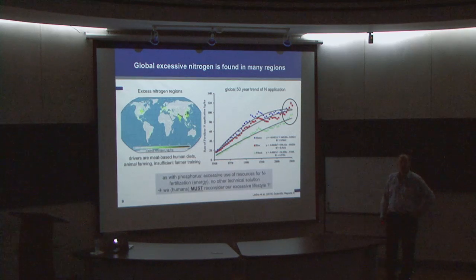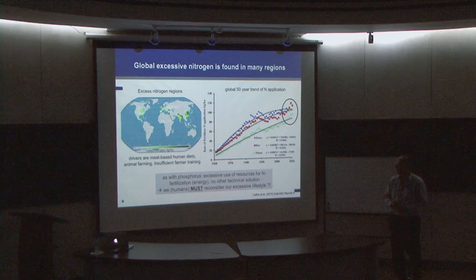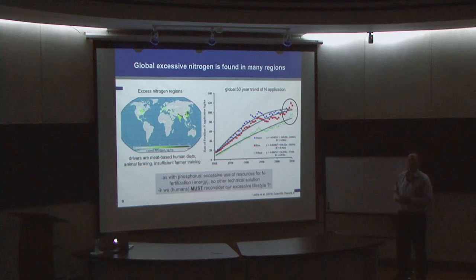I would say, as with phosphorus, we use excessive nitrogen worldwide, especially because we have to produce the fertilizer from nitrogen from air, and this is energetically costly, and always the problem is we don't have enough energy and we just burn coal or we burn gases, and we do this excessively, as you know.